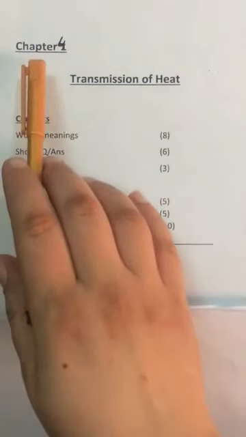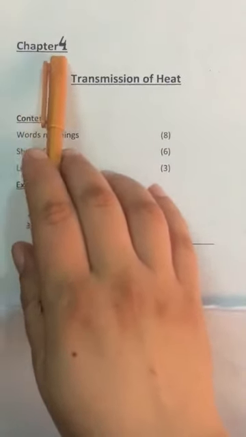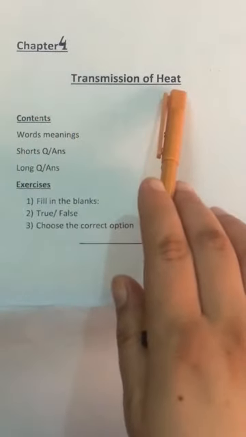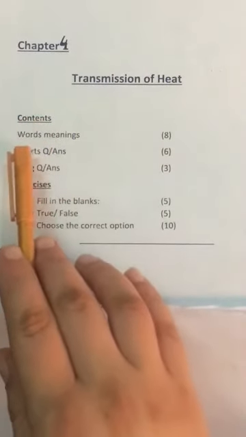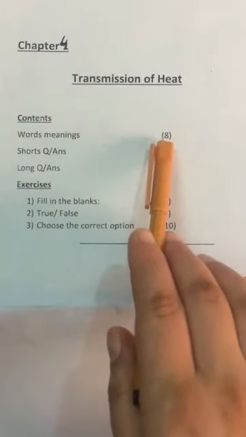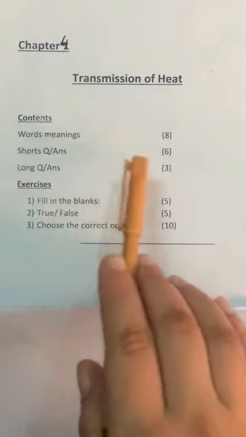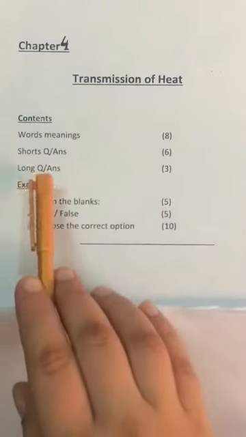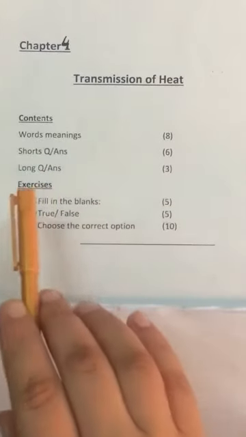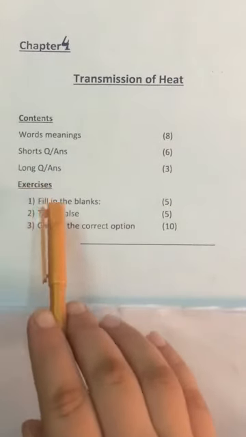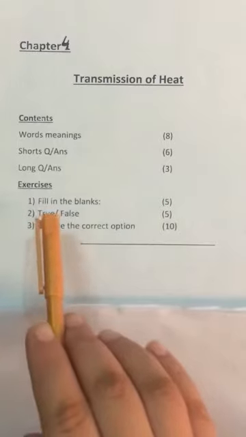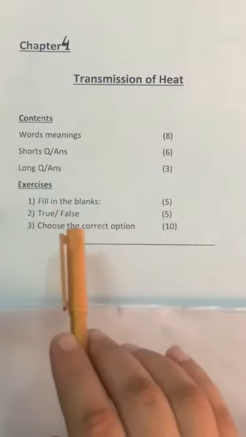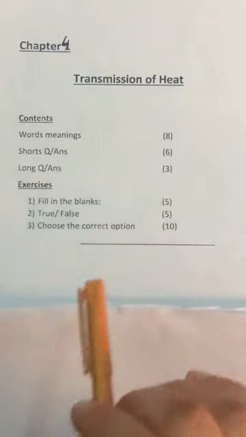Now give the heading of chapter number 4, Transmission of Heat. Contents: word meanings 8, short question answers 6, long question answers 3, exercises: fill in the blanks 5, true false 5, choose the correct option 10.